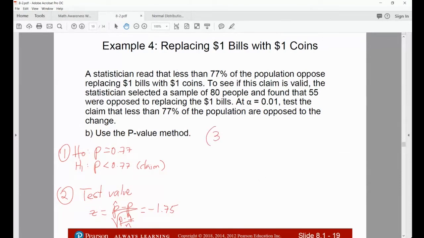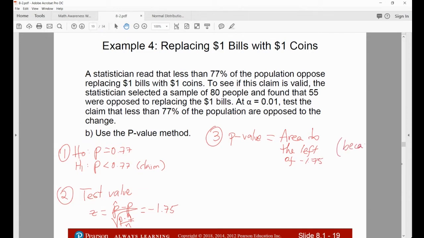And now the difference is that we need to find the p-value. So what's the type of test? Right tail, left tail, or two tail? It's a left tail test, so the p-value will be the area to the left of negative 1.75.